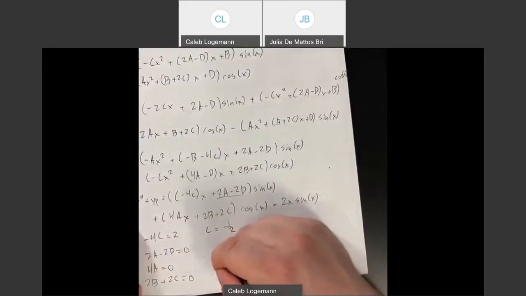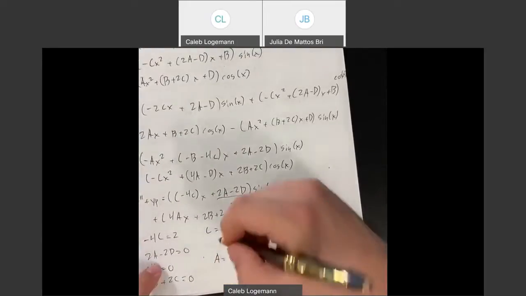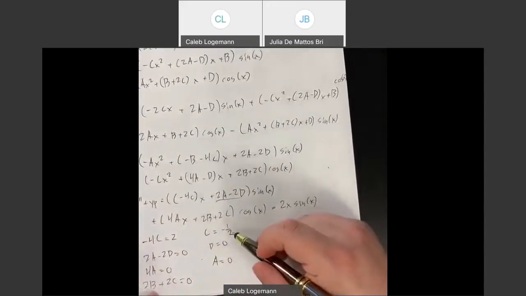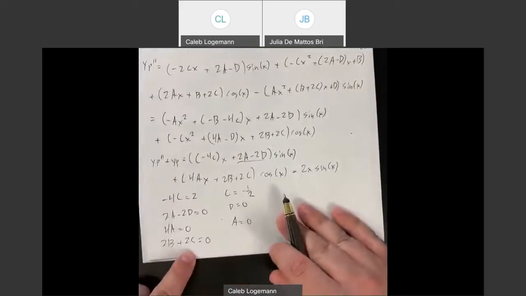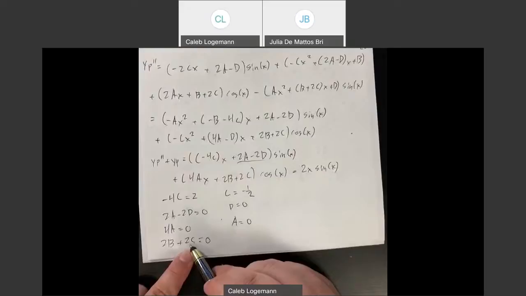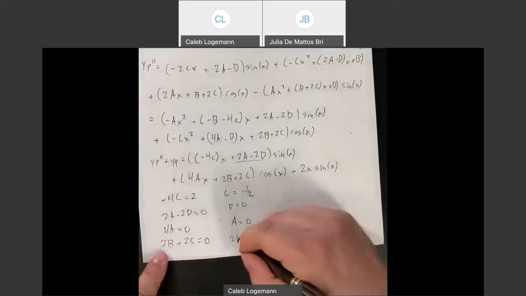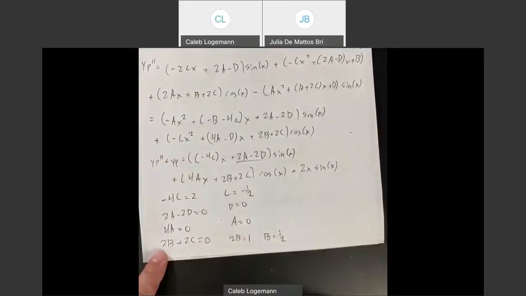This tells us that a needs to be 0. If a is 0, that means d is going to be 0. And if c is negative a half, plug that into here. That'll turn that to negative 1, added across. We have 2b equals 1. And then that means that b has to be positive a half.